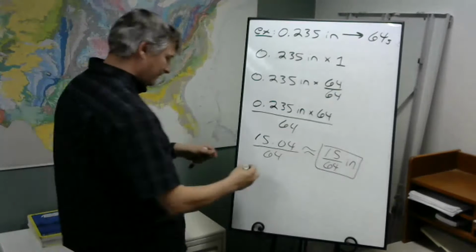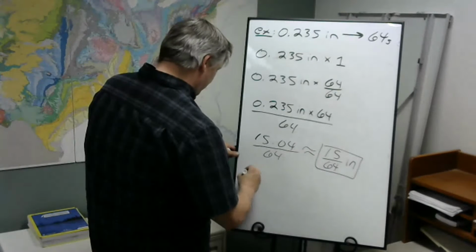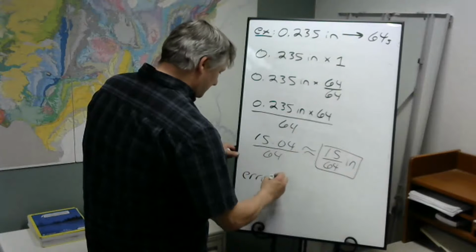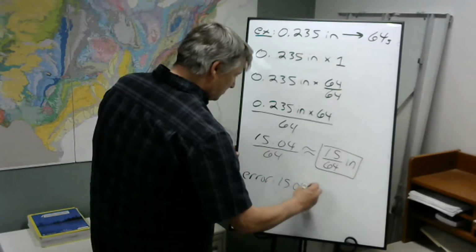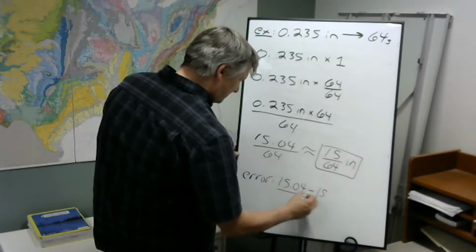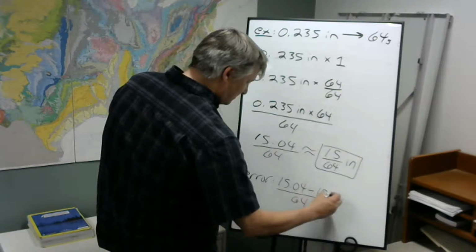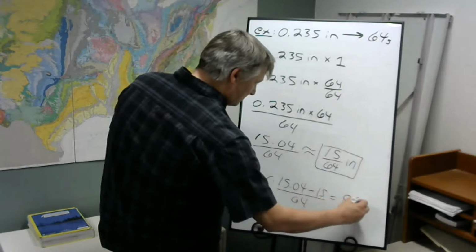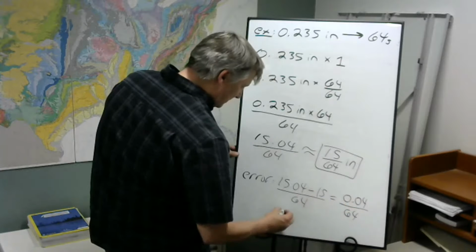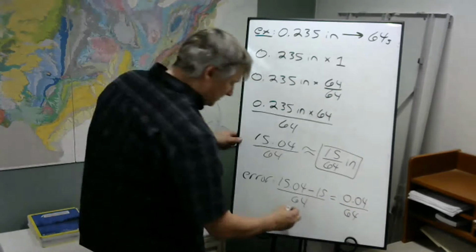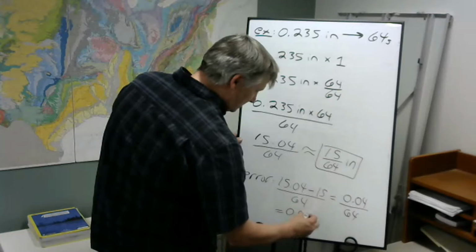Now for the error, a little shortcut for the error here. We'll take the difference of the numerators, subtracting the smallest from the largest. And this is going to come out to a very small error.